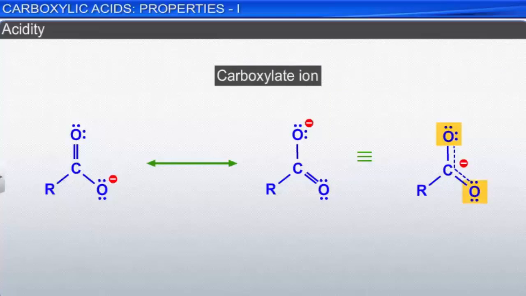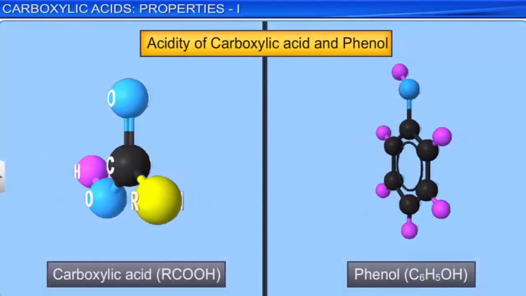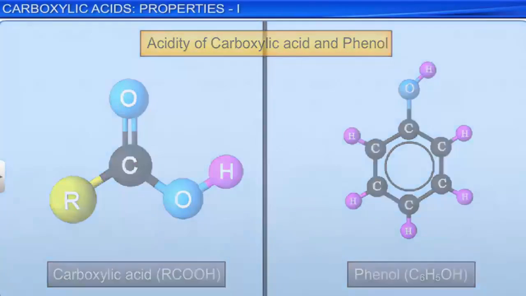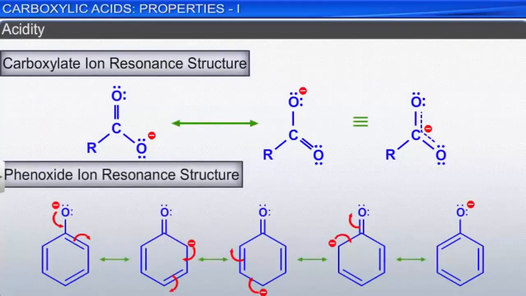Let's now compare the acidity of carboxylic acids with the acidity of phenol. When you compare the resonance structures of the carboxylate ion and the phenoxide ion, you can clearly see that the carboxylate ion is stabilized by two equivalent resonance structures in which the negative charge is on the more electronegative oxygen atom.